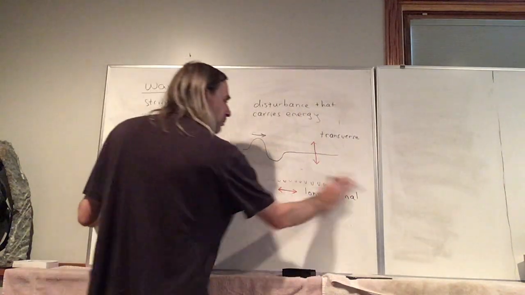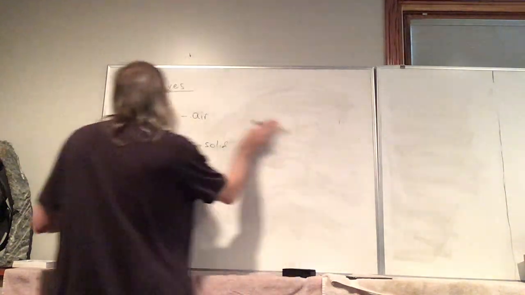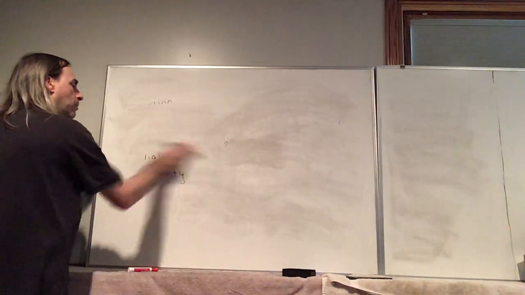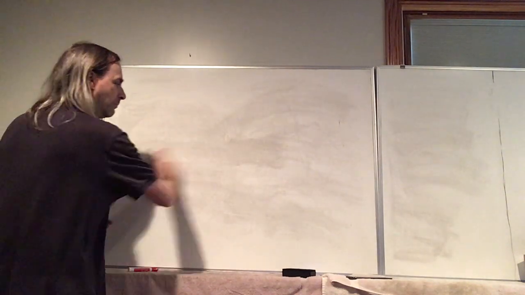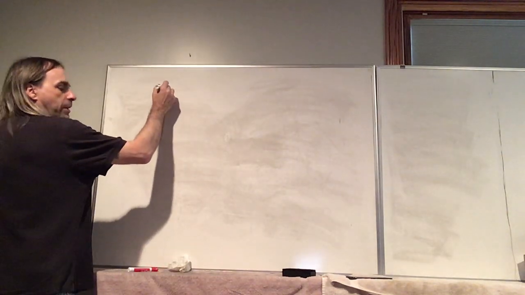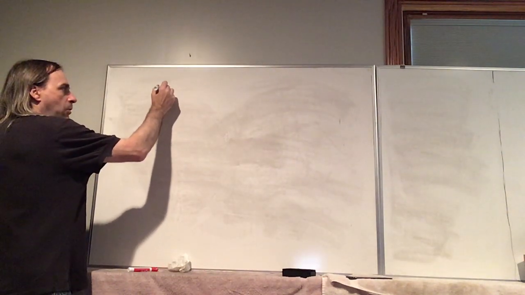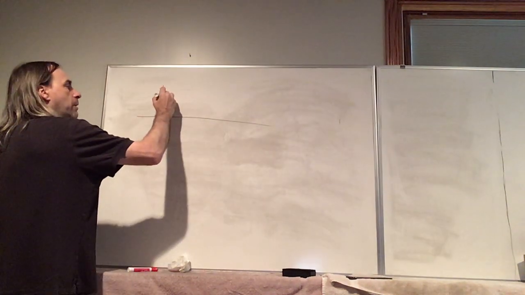So let me draw a classic wave, which we can describe with a sine or a cosine. I'm actually going to describe it as a cosine.